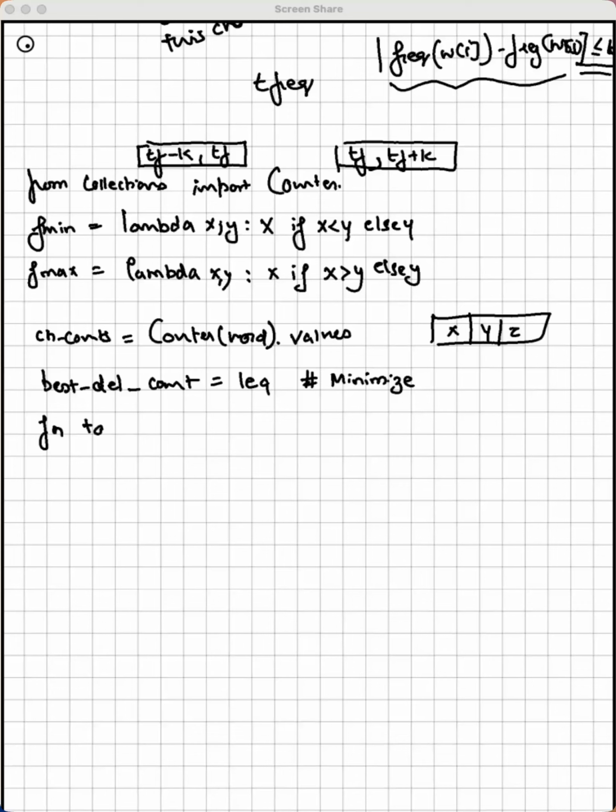Okay, so we start with the very last number. Then what we say is, for target frequency, so for each value, one by one, we're taking an iteration. Second time is this, third time is this. For each iteration, the target frequency in ch counts is taken, and then we're going to compare it with the same list again.